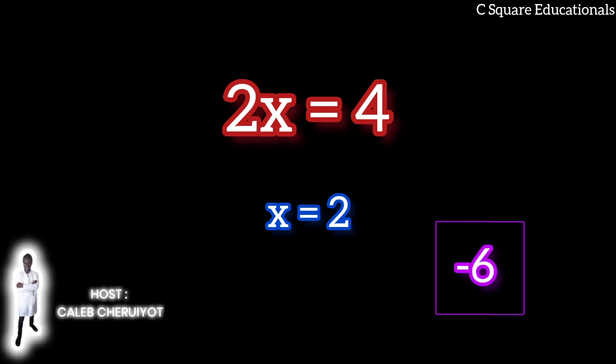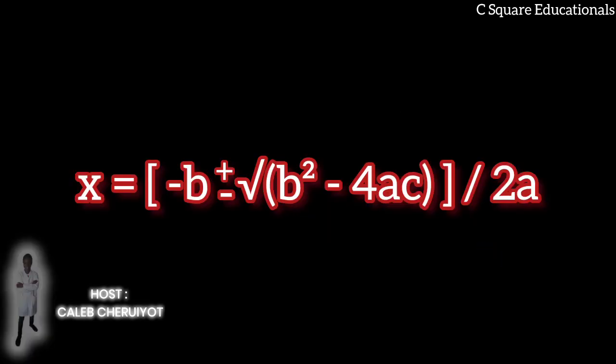It doesn't make sense. In fact, contrary to these days where we have the quadratic formula, x is equivalent to negative b plus or minus root b squared minus 4ac all over 2a, as the general solution to the quadratic equation, in those days there was no general solution to the quadratic equation because those ancient ones had not accepted the idea of negative solutions, especially the square root of a negative number.